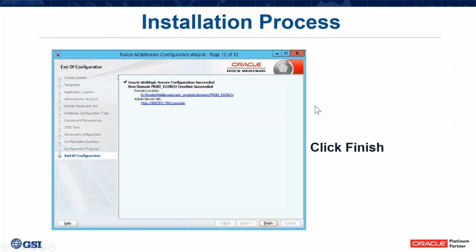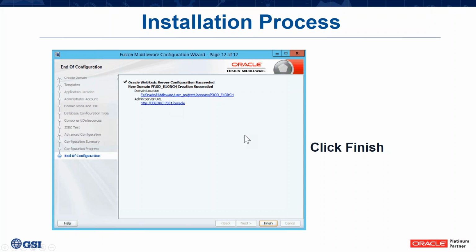Okay, so you want to take note of these 2 things: the domain location. You may need that folder if you're going to make some changes to some of the XML files. You want to put your password into your security.xml, etc. And also it gives you the admin server URL. So in this case, it was JDE ORC 7001 console.